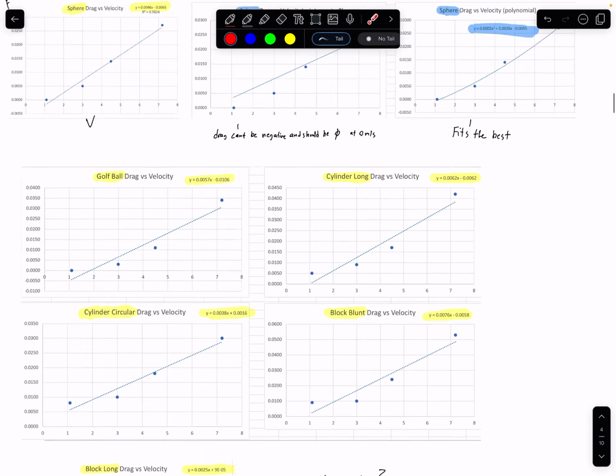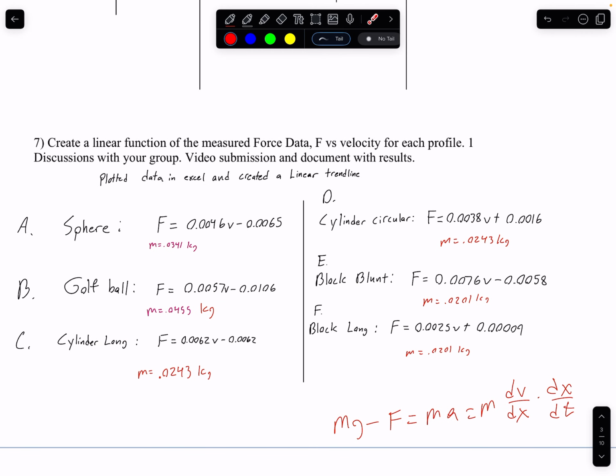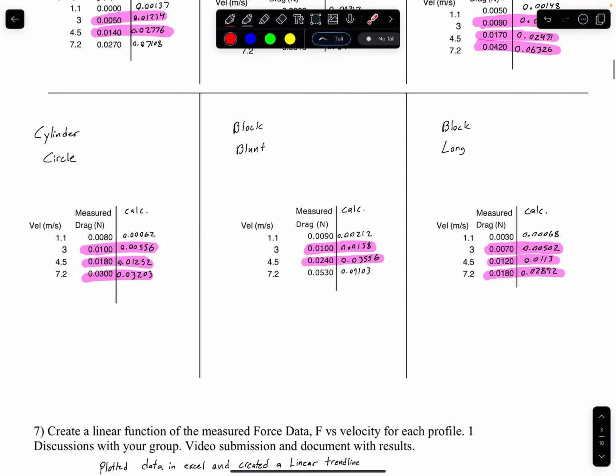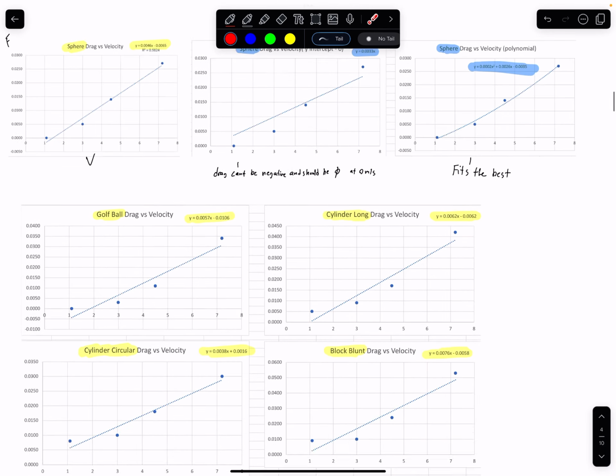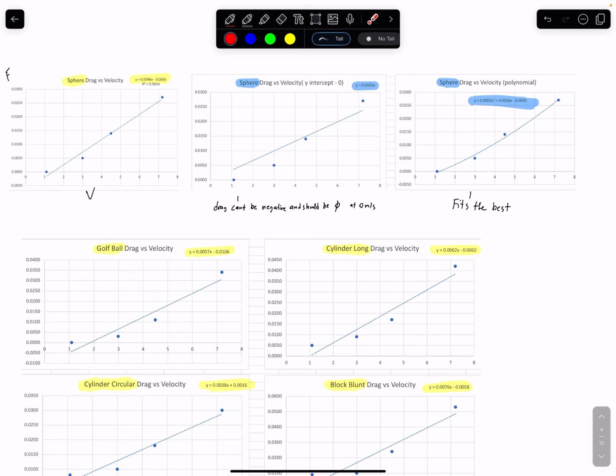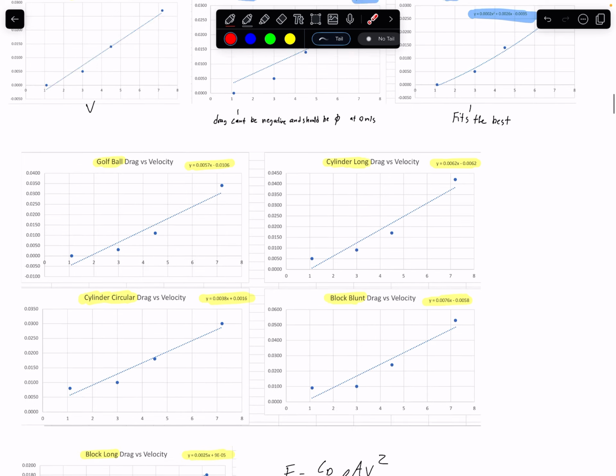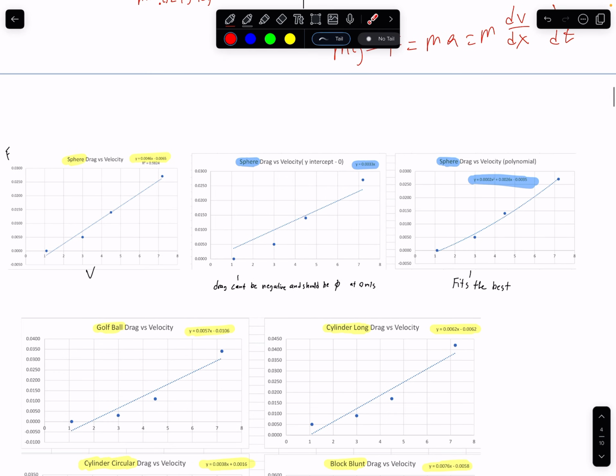So part 7 is referring to the functions that we discovered. Using the data given, we used the graphs in Excel, and we wanted to find a linear function of drag versus velocity, even though we know it might not be the best thing.